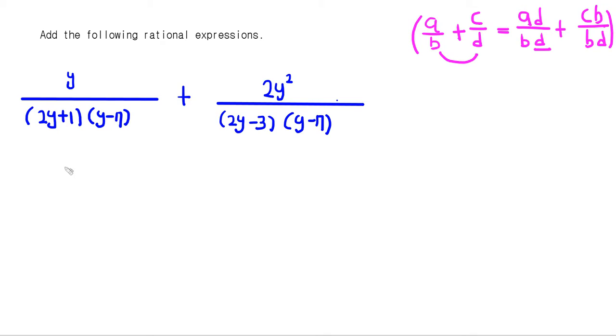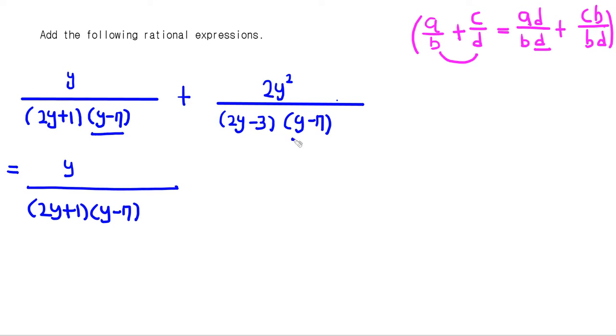So it says y in the numerator, that is equal to y, all of that over (2y plus 1)(y minus 7). In order to simplify it, we need to make it into a common denominator. If you look at the denominator, y minus 7 is a common term that both denominators have.